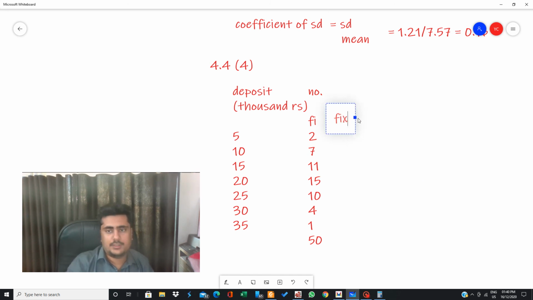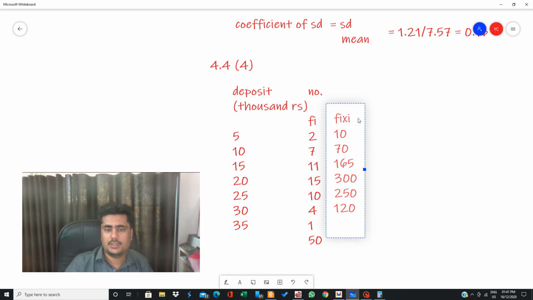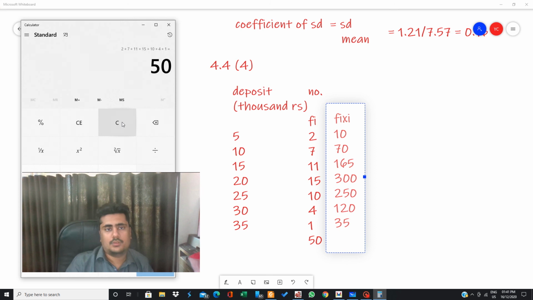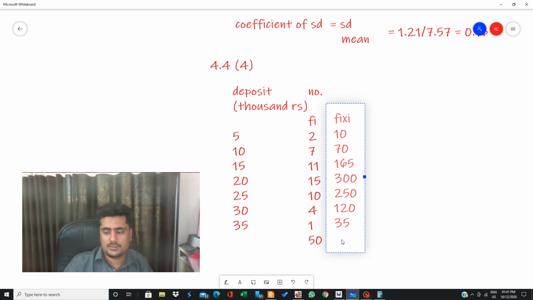Now what is this fixi? 10, 70, 165, 300, 250, 120 and 35. So my total of fixi is 950.